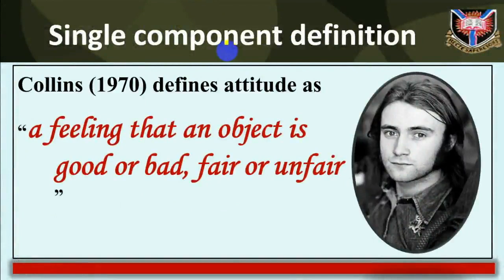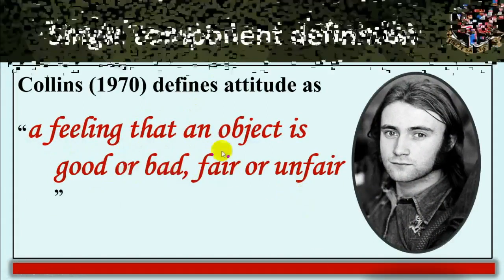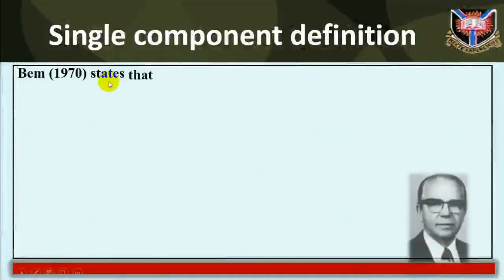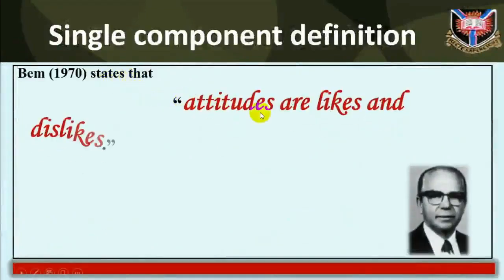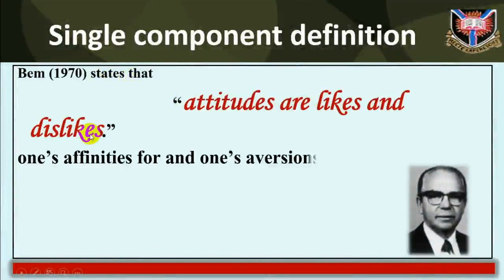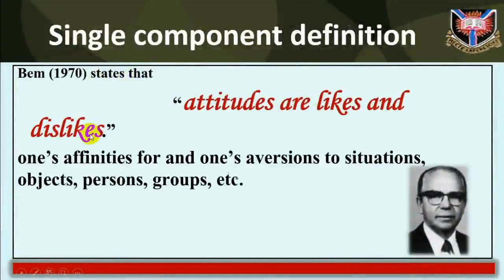Collins, 1970, defines attitude as a feeling that an object is good or bad, fair or unfair, while Benn, 1970, states that attitudes are likes and dislikes. They are one's affinities for and one's aversions to situations, objects, persons, and groups.